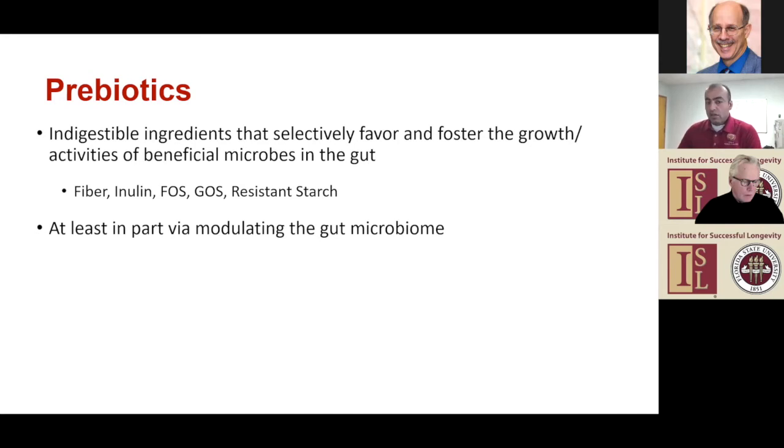And research, including ours, shows that the effect of these prebiotics on host health is mediated at least in part via modulating the microbiome. So one of our research areas is focused on understanding how different prebiotics actually shape the microbiome and affect our metabolic health.